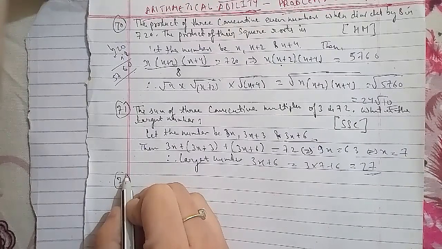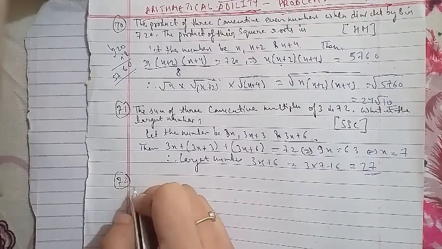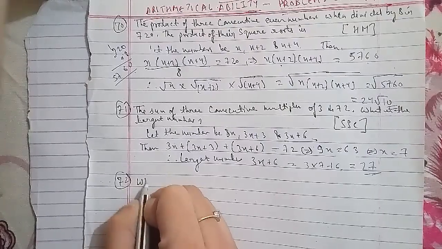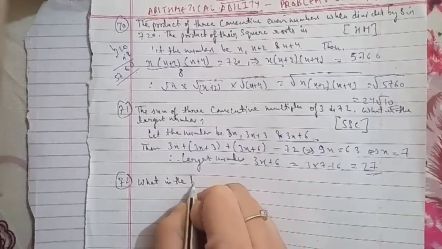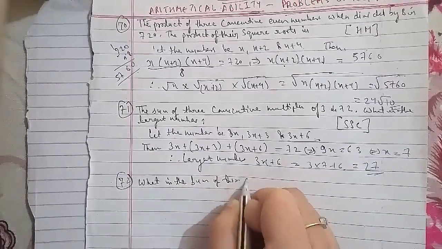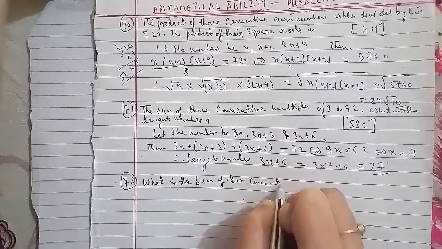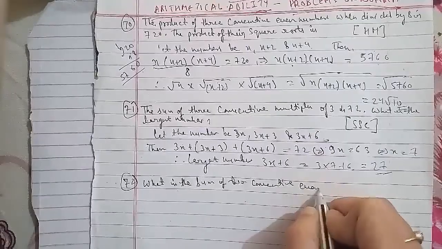What is the sum of two consecutive even numbers, the difference of whose squares is 84?